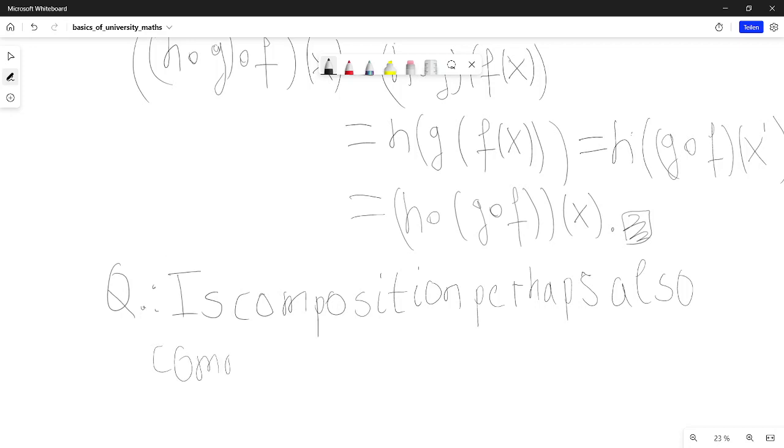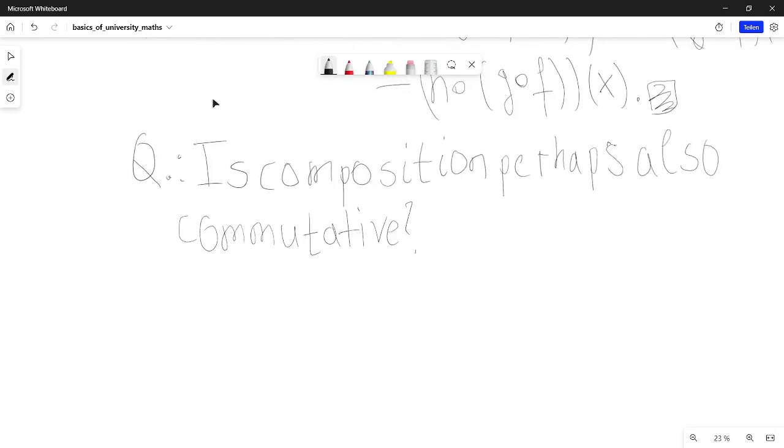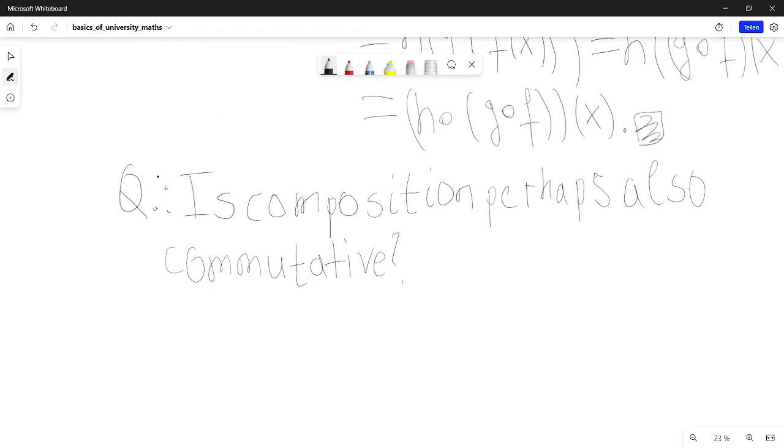Okay, the simplest example would be to give you matrices, but since we haven't talked about matrices yet, I won't do that. I will construct a simpler example. Is composition perhaps also commutative? And the answer is no. Consider something simple.